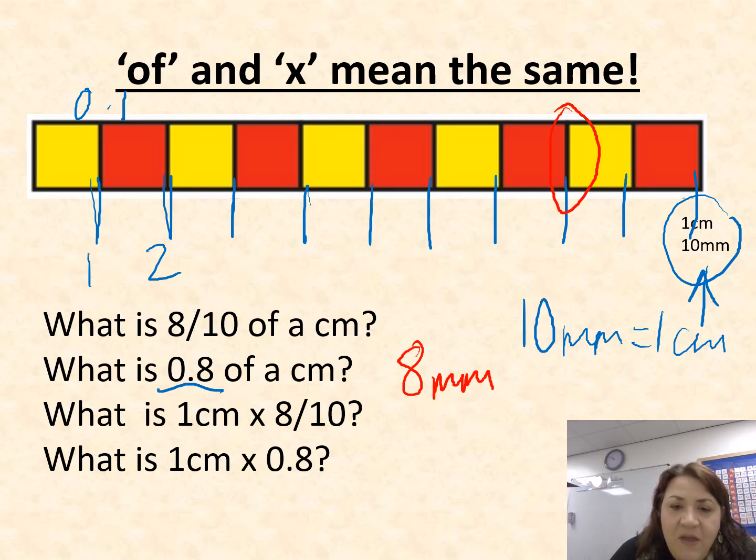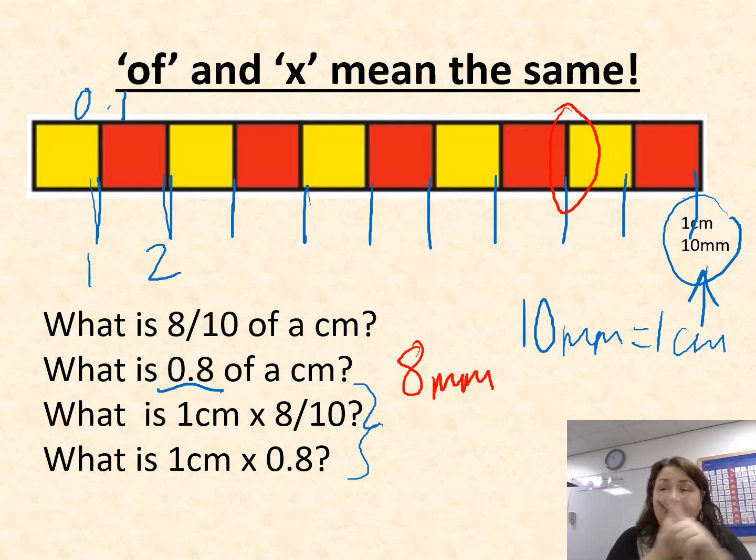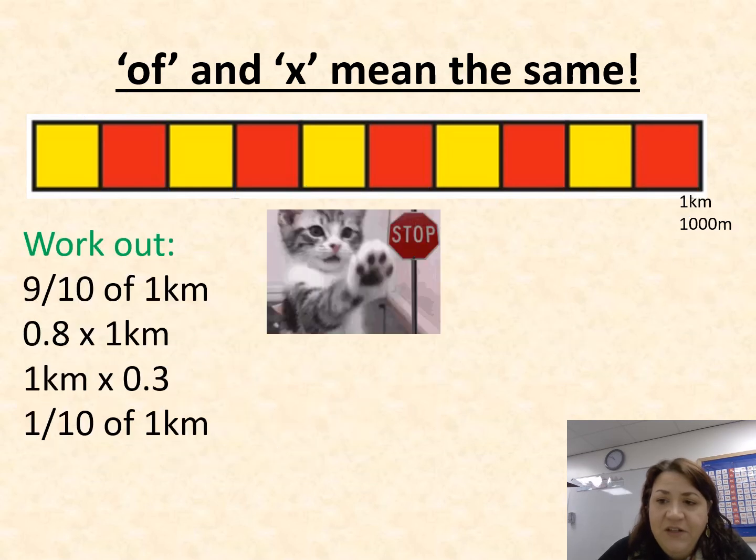Notice this time I've put the centimetre first on these bottom two, and that's because multiplication is commutative. You can do them in either order, and the same goes here with multiplying with a fraction or a decimal. You can put either one first.